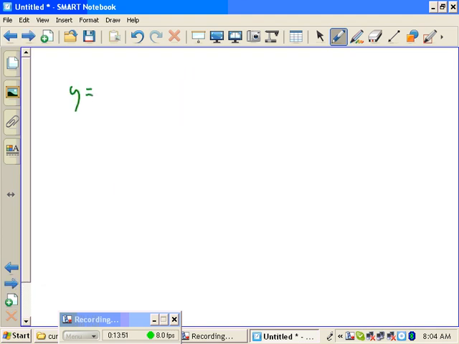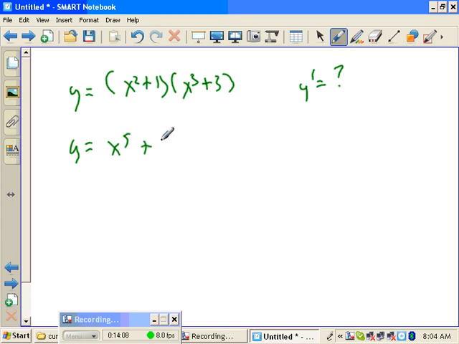What if y is, same thing, x squared plus 1 times x cubed plus 3. What's y prime without using the product rule? Let's just sort of confirm the product rule. So first I'm going to multiply it out. First, outer, inner, last. Double distribution. Distribute this twice, distribute this twice.